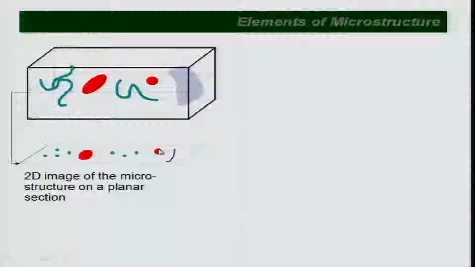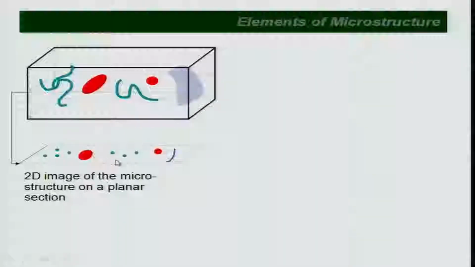So, now they would be shown as 2-dimensional images. A surface, if it gets cut, will produce a line. If there are line elements present, like for example dislocations, they will produce points. So, these are the kind of elements that would be present in our two-dimensional image of the microstructure.